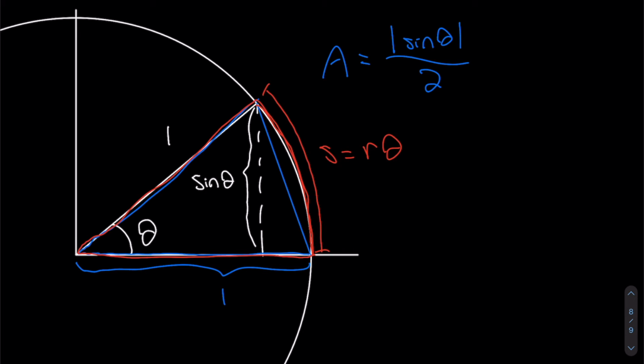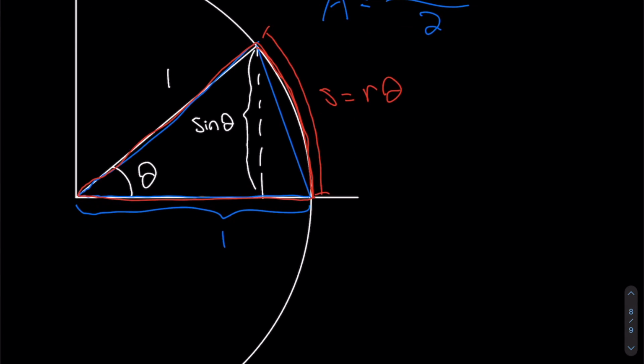So if theta is 1, then this arc length is 1 radius long. That's what the radian means. We use radians so we can do these easy arc length computations.